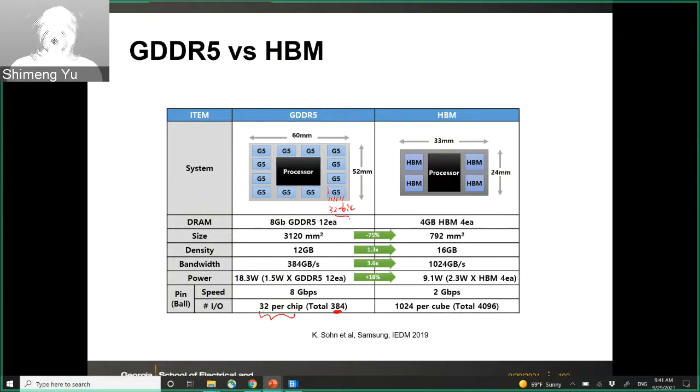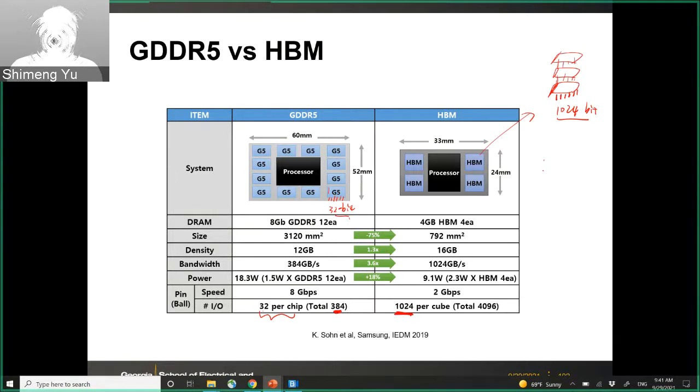And for the HBM, the reason it can have higher connectivity is that each HBM stack can give you 1024 pins per cube. If you think about this HBM stack, the bottom die will give you 1024 bits simultaneously, so that's 1024 pins.